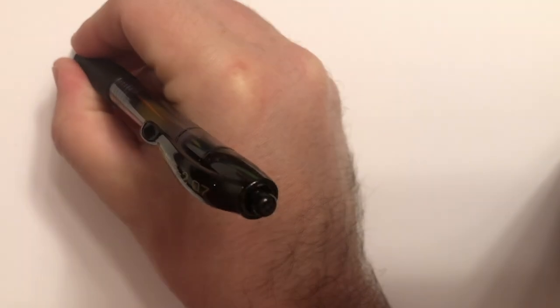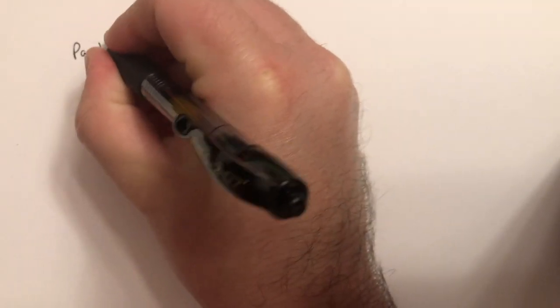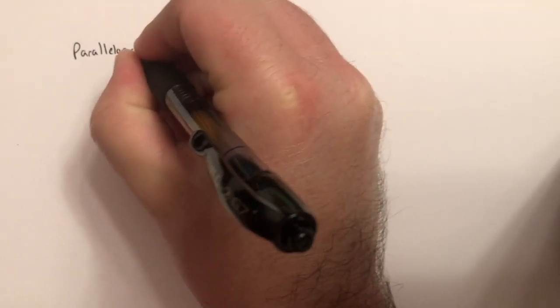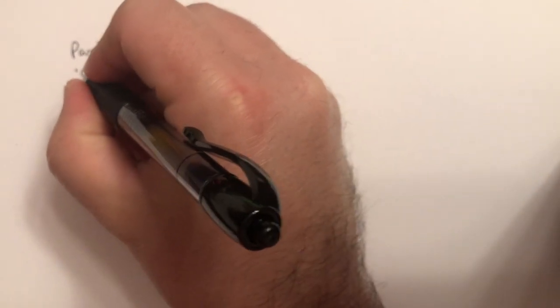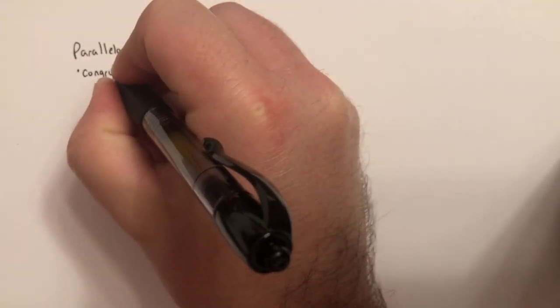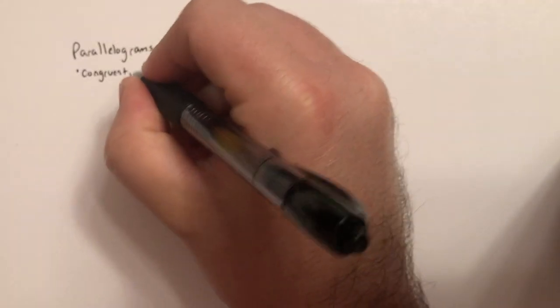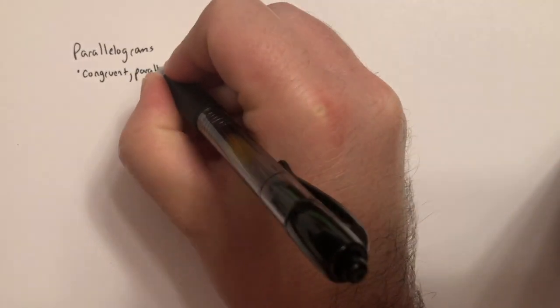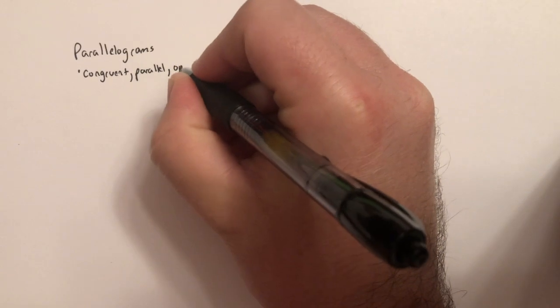Alright guys, today we're going to be talking about quadrilaterals, but more specifically parallelograms. So parallelograms have congruent, parallel, opposite sides.